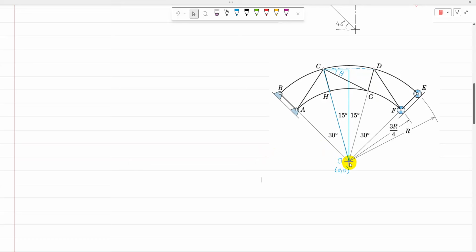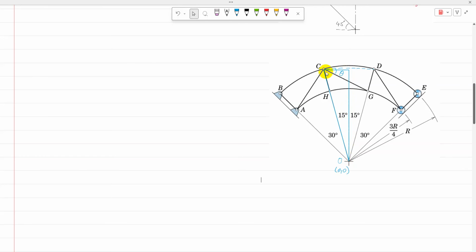So I have drawn a triangle from O to C, and that is a right triangle, and in that triangle its hypotenuse is R and the angle is 15. So using the hypotenuse and angle 15, it is possible to find the adjacent side and the opposite side.